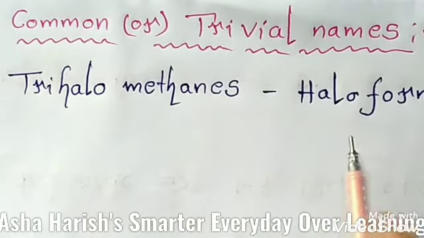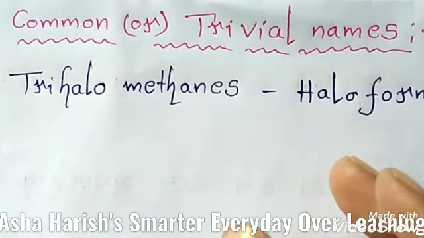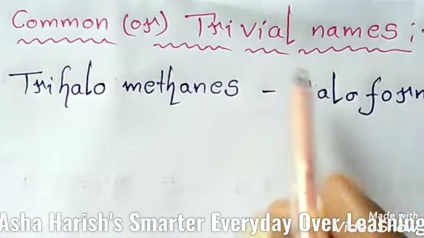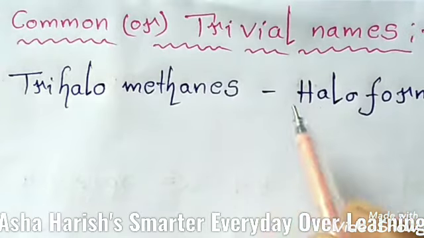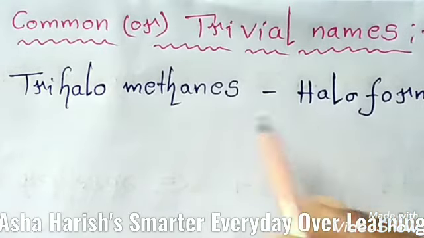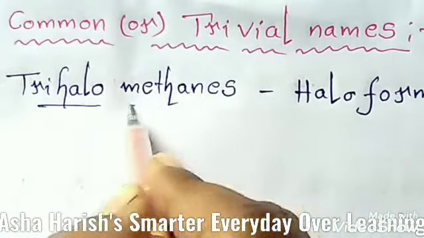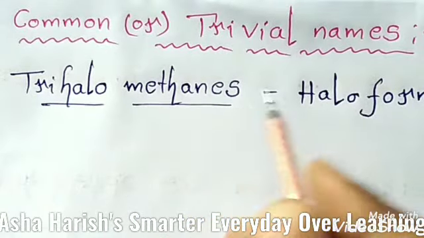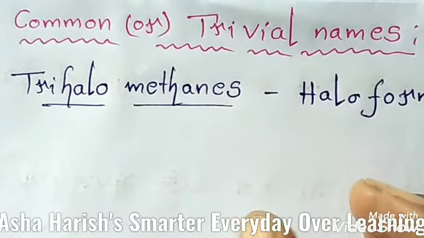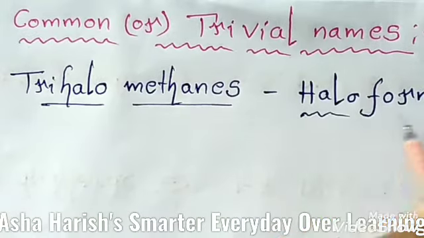Up to now, there are no systematic common names for these tri and tetrahaloalkanes. However, the trihalomethanes are best known by the trivial names, that is haloforms.